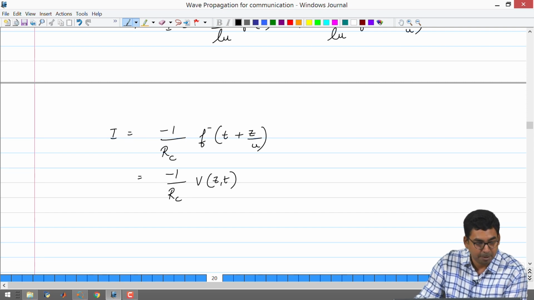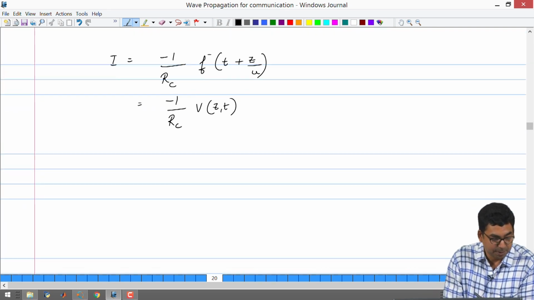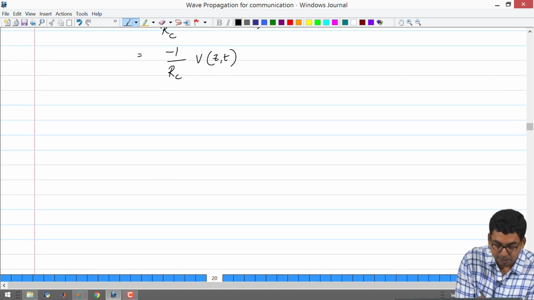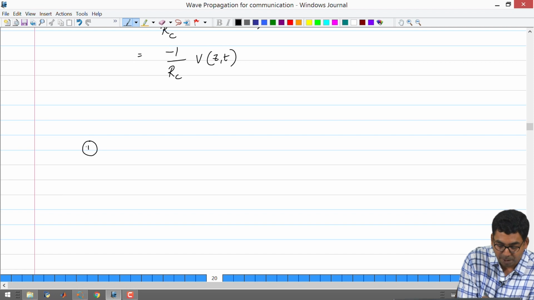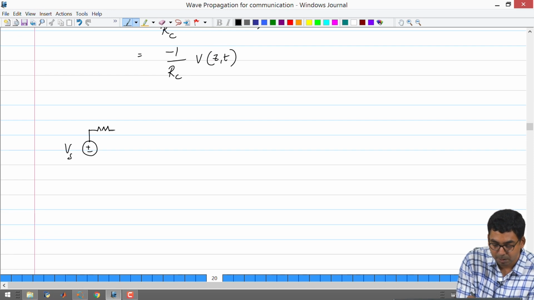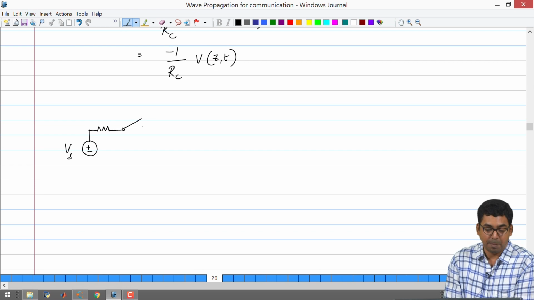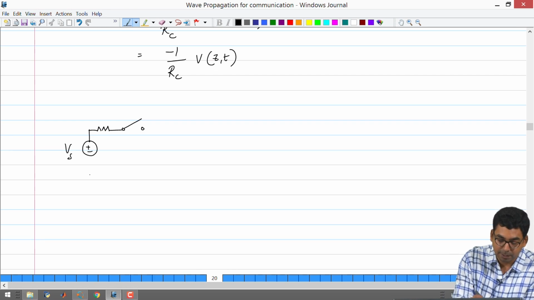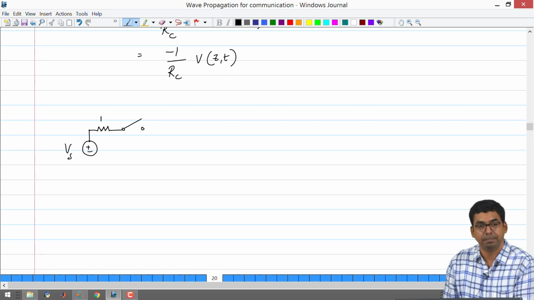Right. So I'll start with a circuit diagram that will allow me to do this. Okay. So I'm having a source voltage of Vs. Okay. And I'm having a series internal resistance, say Rs. Okay.